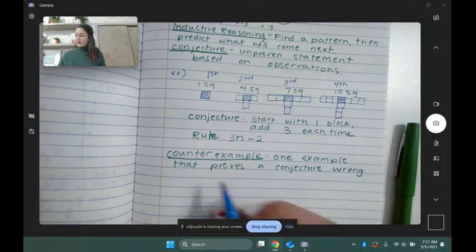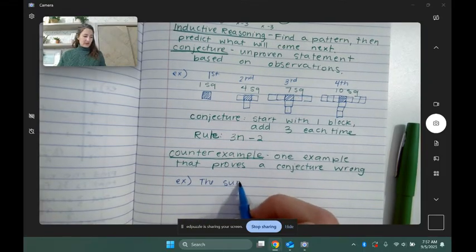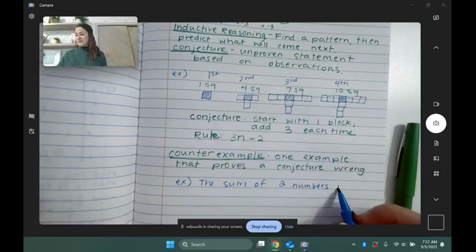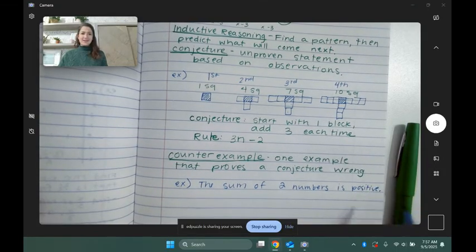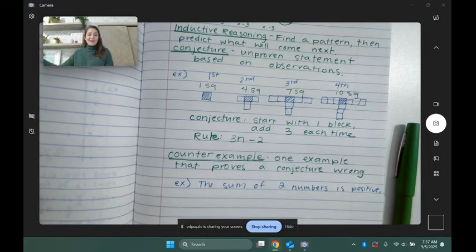Another example could be like the sum of two numbers is always positive. So like sum, I'm adding things together. It's always going to get bigger, right?